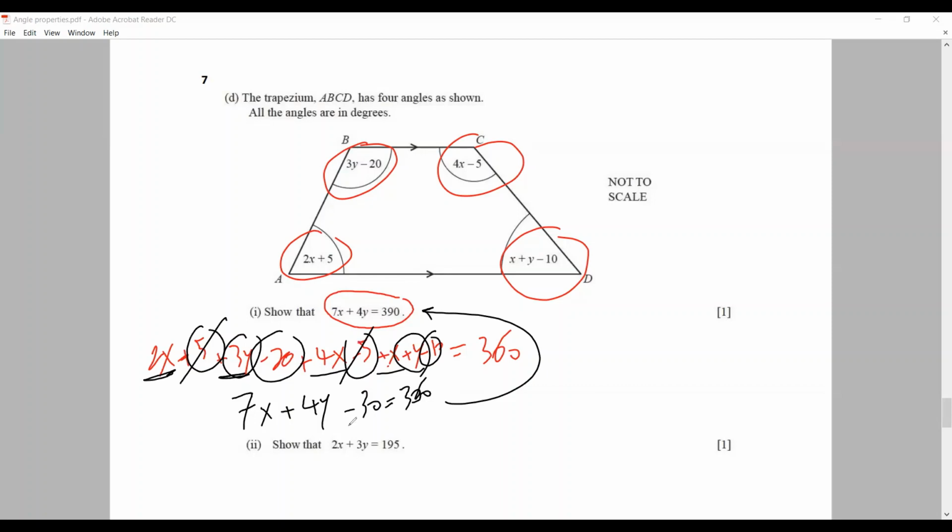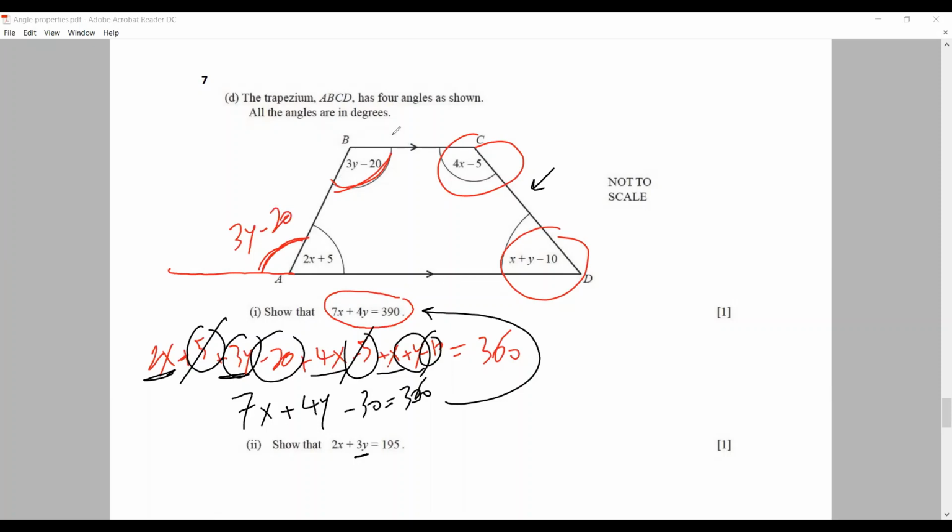And now we have to show that 2x plus 3y is equal to 195. So how can we do that? This side doesn't help me because if I add these two, I don't get 2x. So take a look at these two, according to alternate angles. I'm going to extend this line. This angle and this angle should be equal, so this is 3y minus 20.